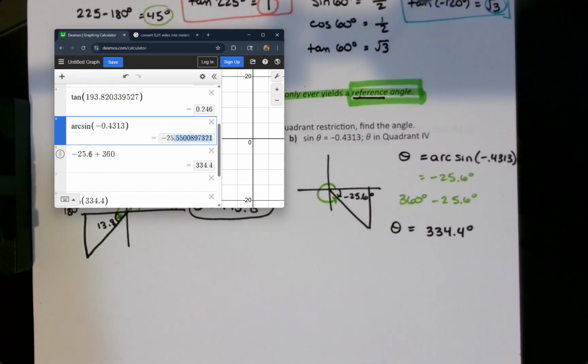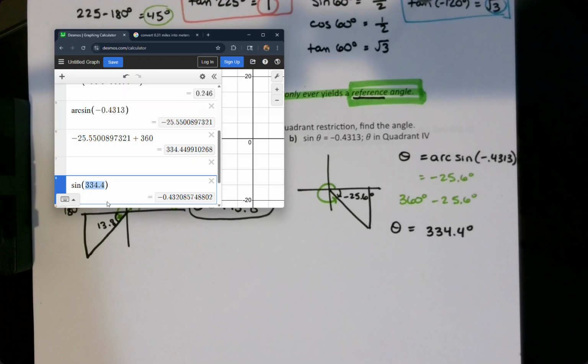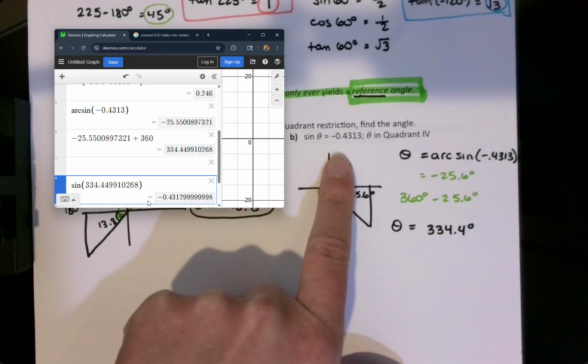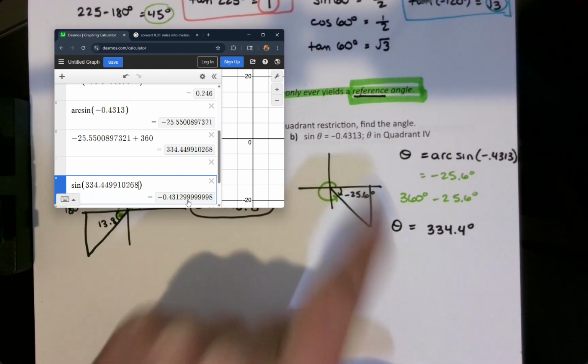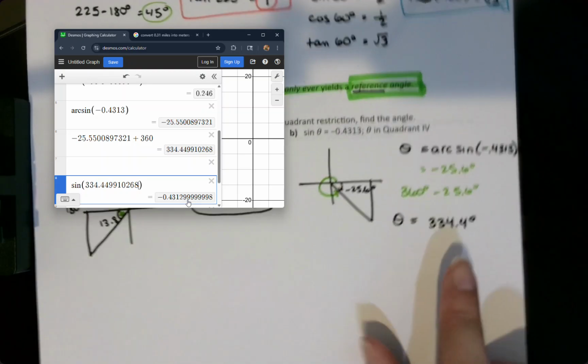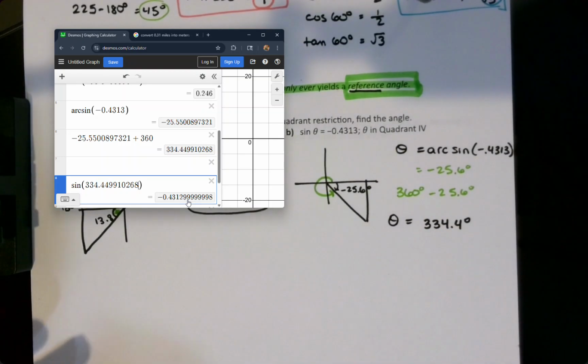If I kept more places, it does round to 334.4, and yes, it does come out to the negative 0.4313 by keeping a few more places. So that's just for checking. We don't need to keep the places on the paper, but for checking, it didn't look like it was that close until I kept more places.